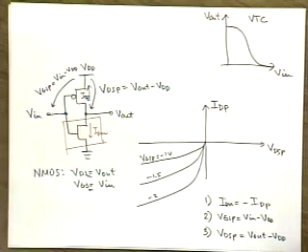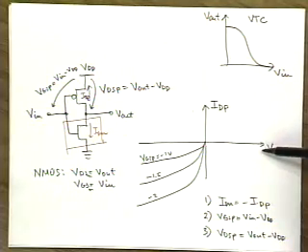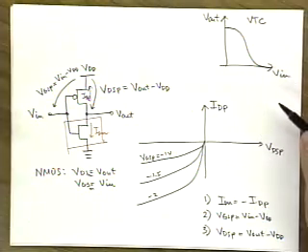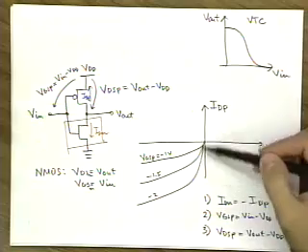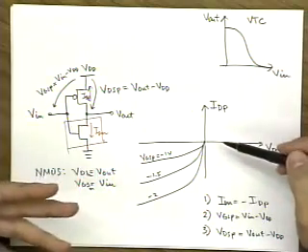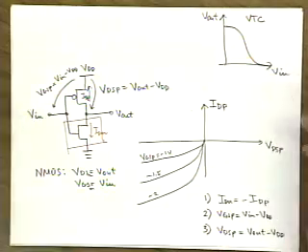So what we are going to do now is plot ID versus VDS for NMOS, and then we are going to superimpose the IV characteristics of the PMOS on top of that NMOS family of curves.